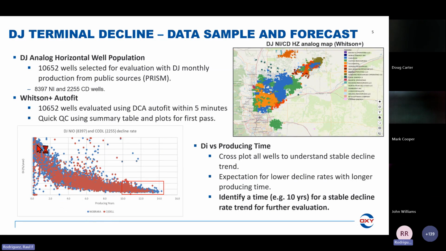And you can see here by making this cross plot that no matter the formation, since these wells are mainly in depletion, you will have the same trend of going, in the early time, of course, having a higher decline. And then as long as you're having wells with beyond maybe 8, 10, or even 12 producing years, then we can see the stable trend at the later time. And that's the main idea to start getting that stable trend from that auto fit.